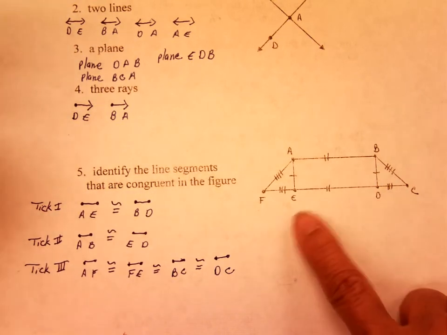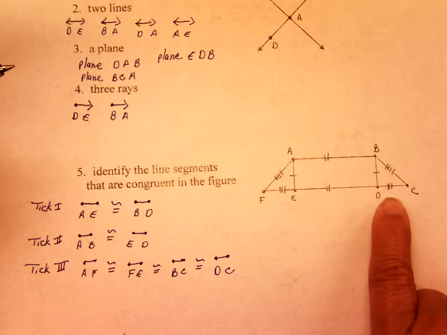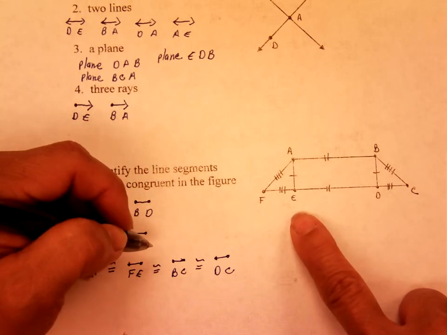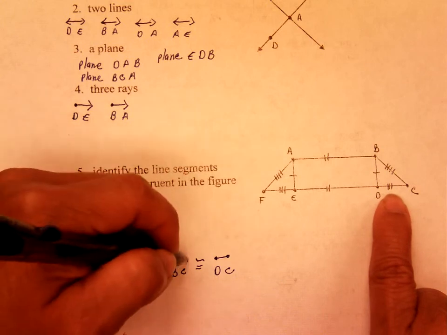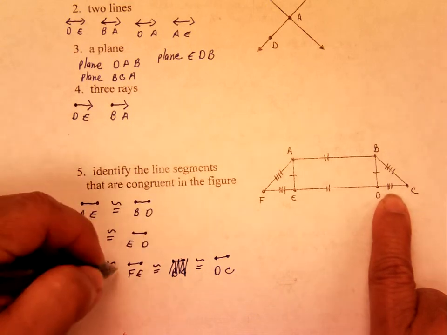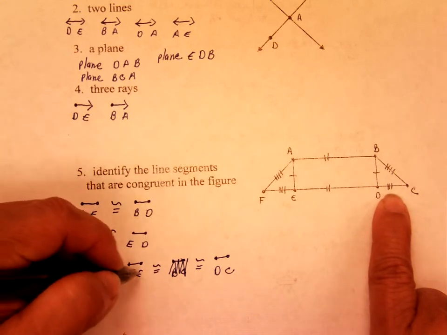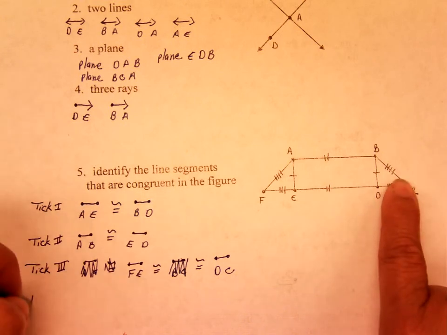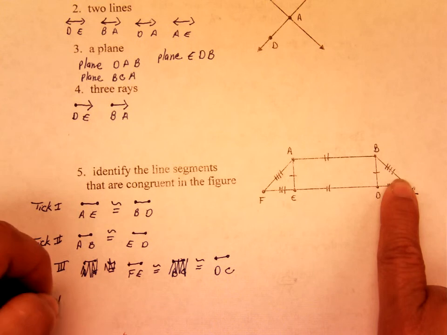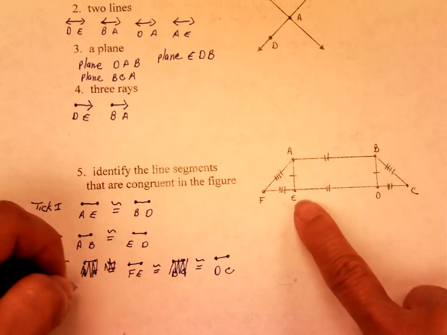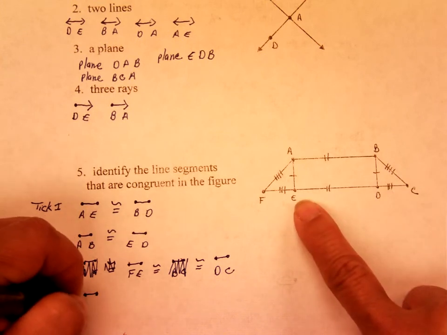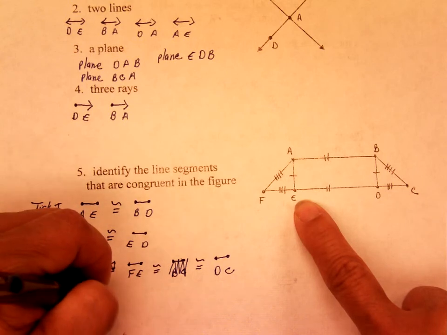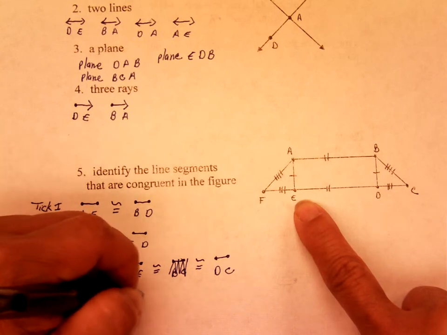Oh, sorry, those are wrong. AF is 4 and BC is 4. I didn't see that. So it's really line segment FE is congruent to DC, because those are 3. These are 4. So tick 4 would be line segment AF is congruent to line segment BC.